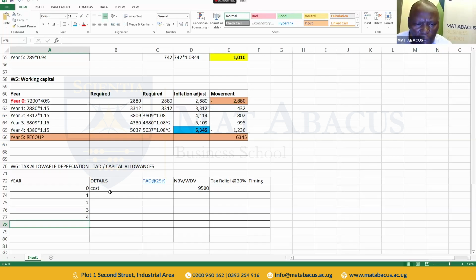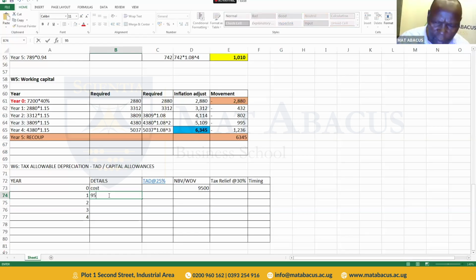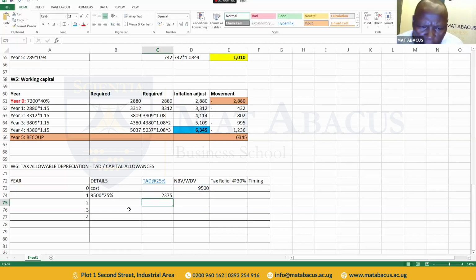So in year 1, we shall get 95,000. We multiply it by 25%. When you do that, that is your TAD. And here you'll be able to get the balance. The process continues in that direction until year 3.